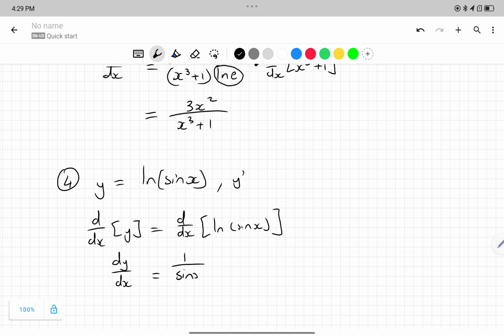1 over sin x, times log e, we chose 1, so we can leave it. And now we need to differentiate what is inside.